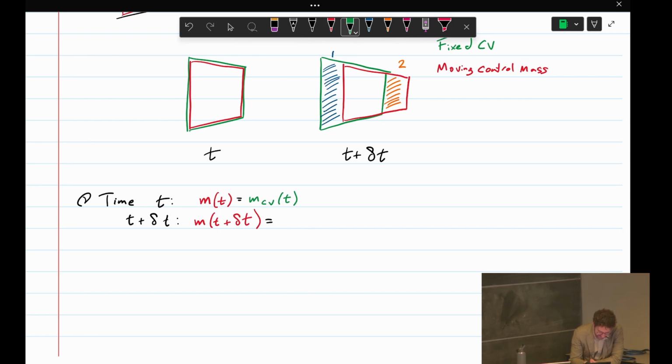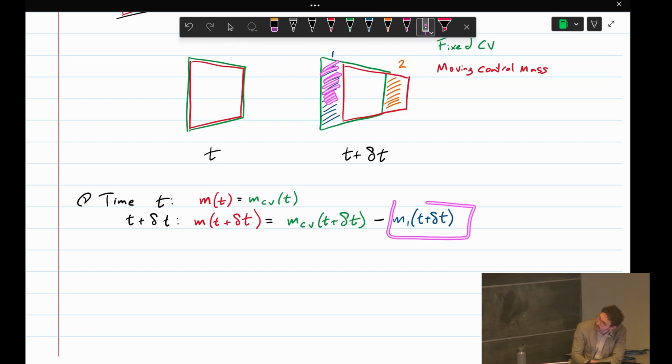So our mass there at time t plus delta t, the mass of the entire red box, is m CV t plus delta t minus m1, where again m1 is the mass in this blue region, plus that m2.